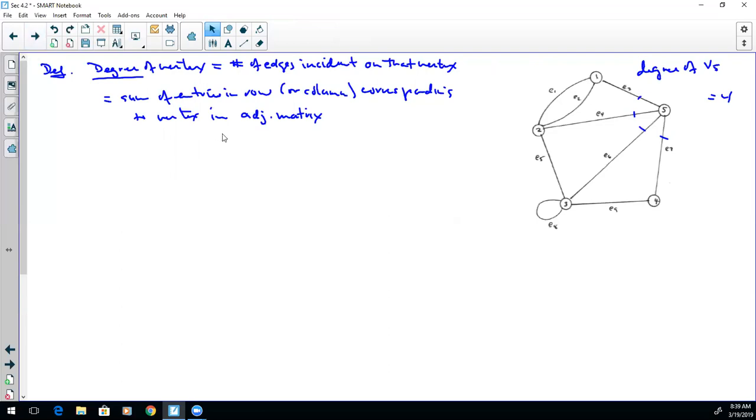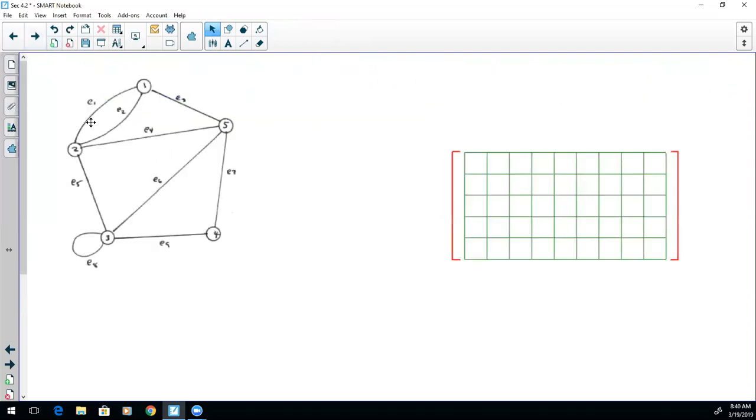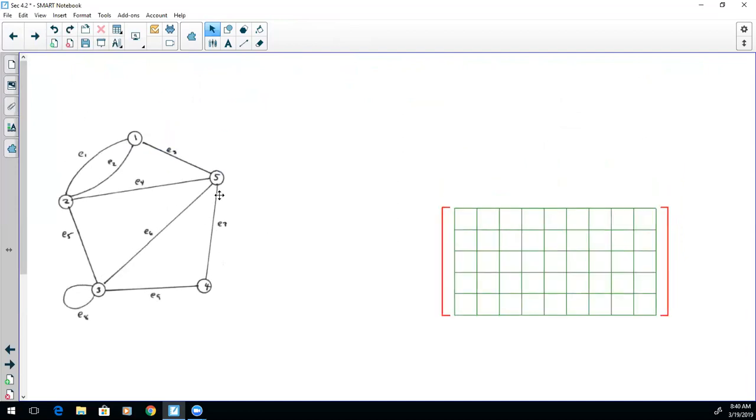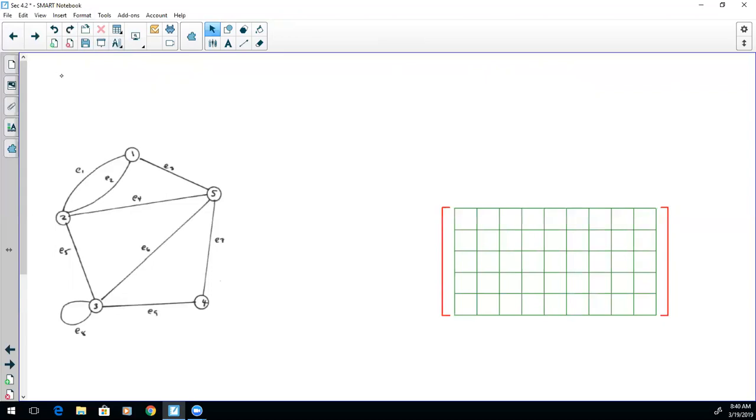The next matrix we're going to look at is what's called the incidence matrix. Suppose that we have a graph G, and of course a graph is the set of vertices and edges.